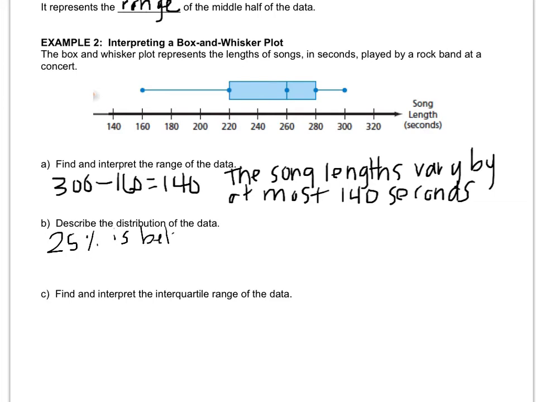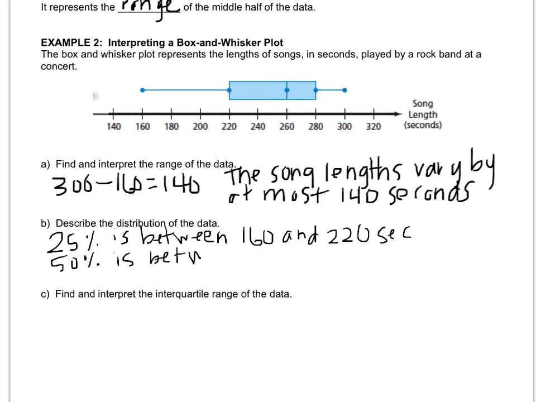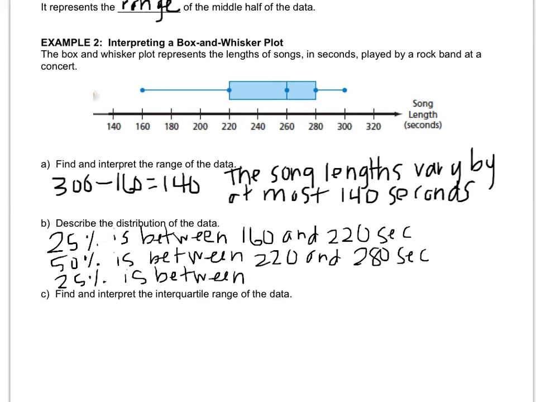That's between 160 and 220 seconds. Half of the songs are between 220 and 280 seconds. And the longest 25% is between 280 and 300 seconds.